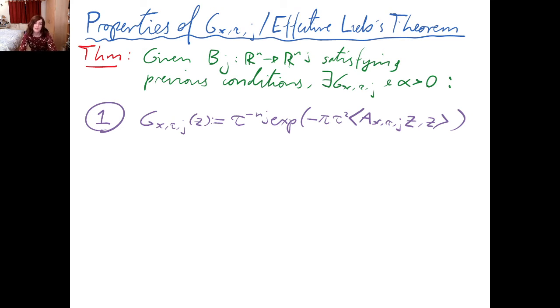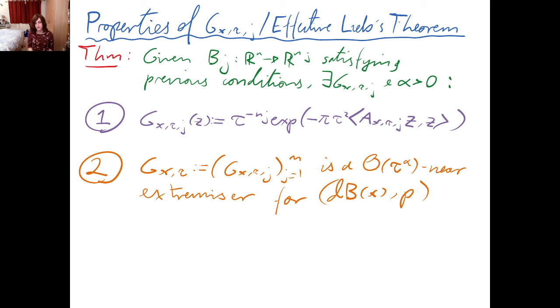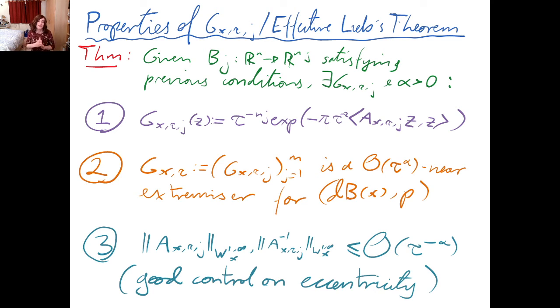But notice that there is also a tau dependence in the positive definite matrix A. We need this because we need our G_{x,tau,j} to get closer to being a genuine extremiser for the derivative datum dB_{x,j} as tau goes to 0, and moreover it needs to be polynomial. But also we need this matrix A_{x,tau,j} to be nice and well controlled, and so this is a third property.